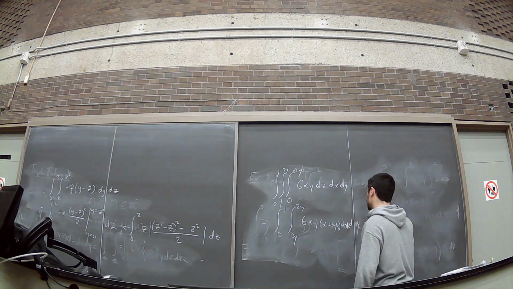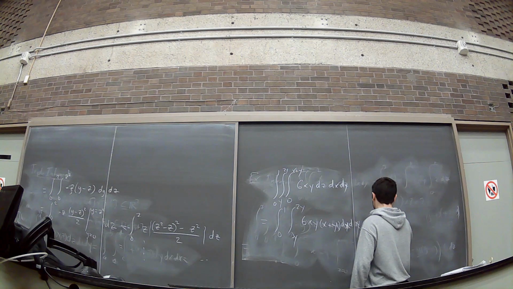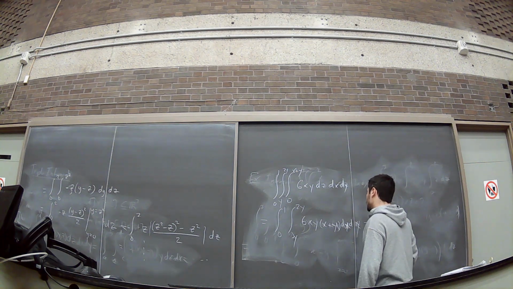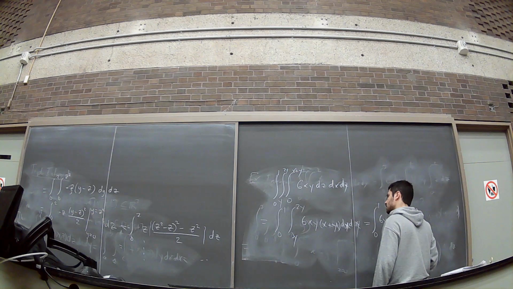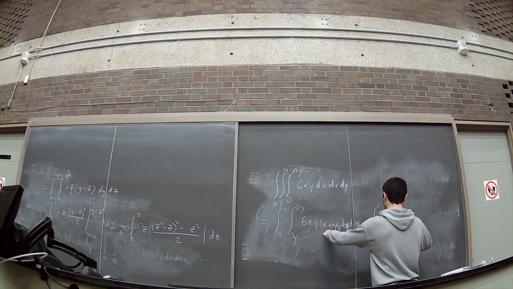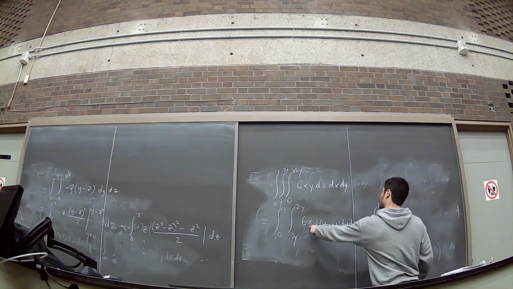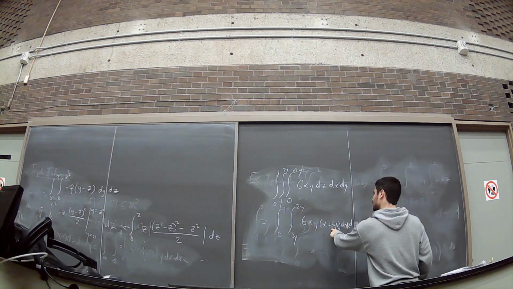So we need to find the antiderivative with respect to x. So it's 0 to 1. I'll take the 6y out. And you get x squared plus xy, right? So you get x squared over 2 plus, well, let's give it x squared over 2 plus xy squared, right?